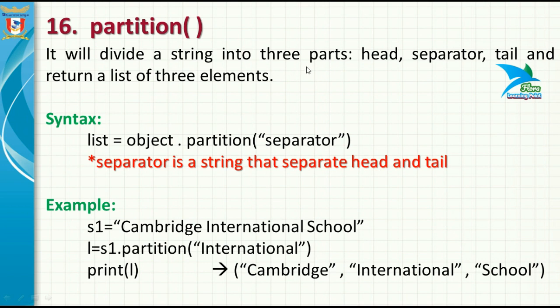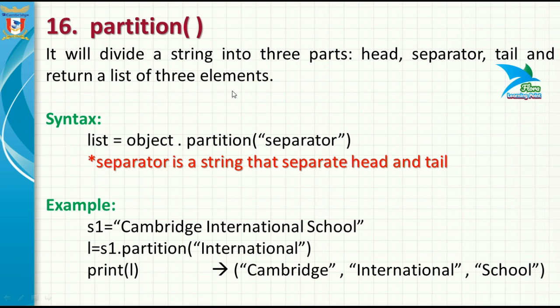Next we are having the partition function. It will divide a string into three parts: head, separator, tail, and returns a list of three items. A list means a collection of multiple elements.